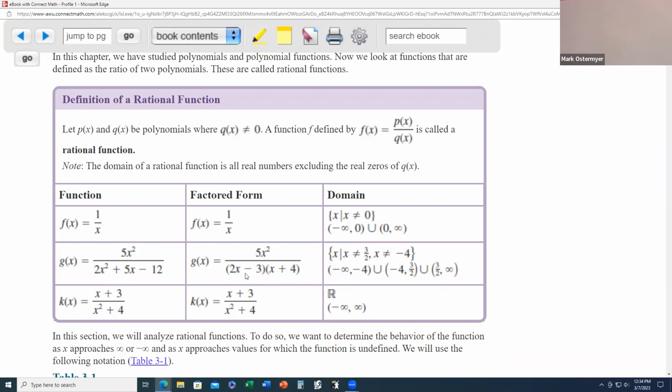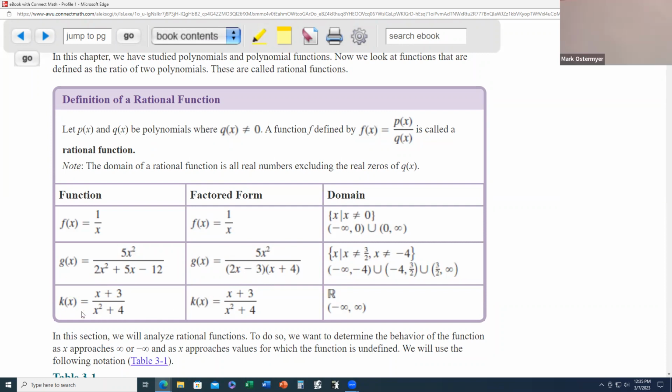Because of that, if you take 2x minus 3 and x plus 4 and set them equal to 0, you'll discover that 3 halves and negative 4 must be excluded from the domain of this rational function if it is to remain defined. So as long as you put any other real number in other than 3 halves or negative 4, the function will be defined. But if you try to evaluate the function at those two values, 1.5 and negative 4, the function will be undefined.